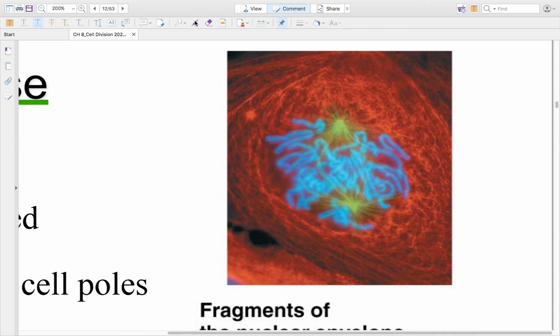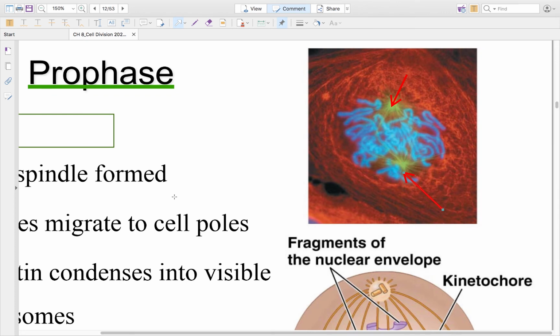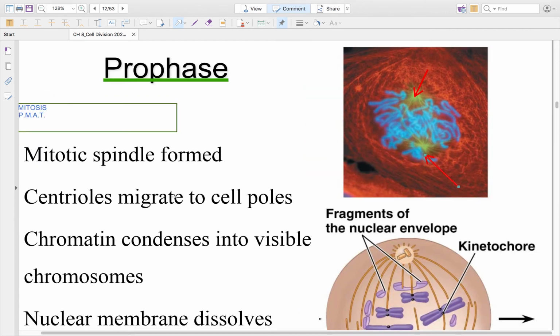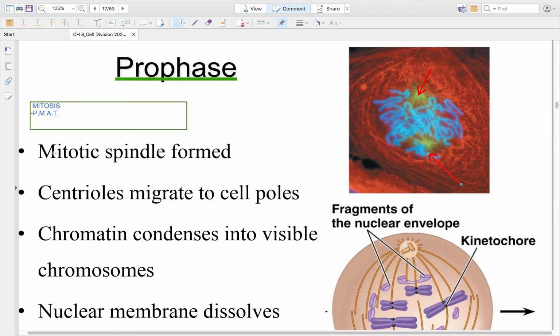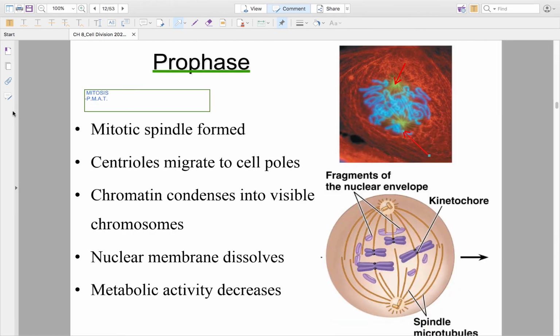And this is where the spindle is going to form on each side. If we look at the parallels of the picture along with the diagram, let's take a look at what's going on here.